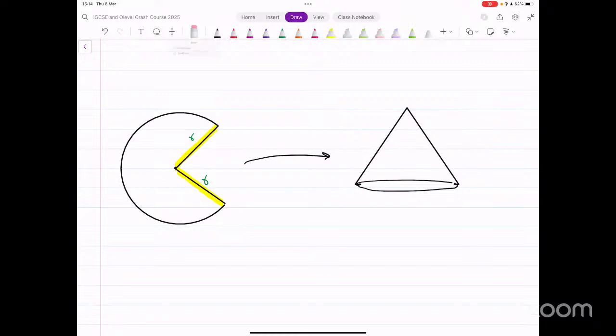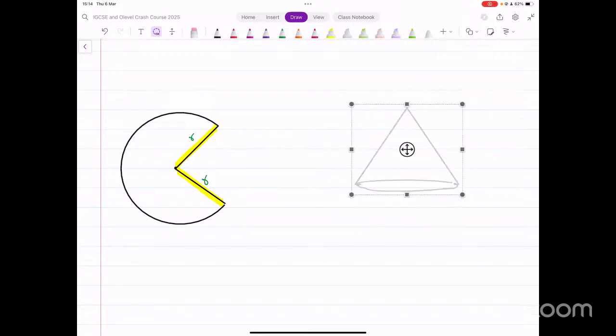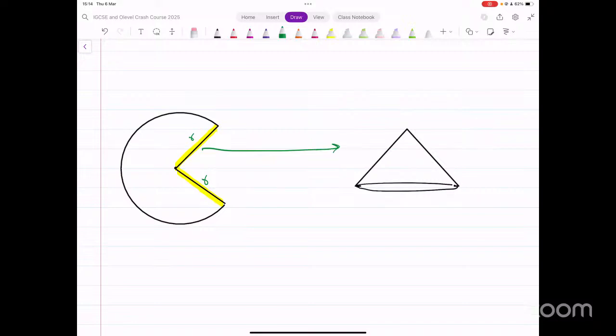For now, think of it this way: you have one radius here and you have another radius here. What happens is when you convert it to a cone-like figure like that, this radius and this radius are going to become the slant height there. So this R is going to go here. You can actually use numbers here.